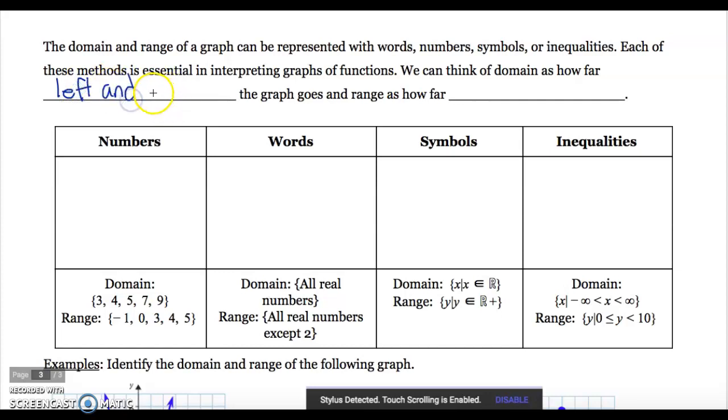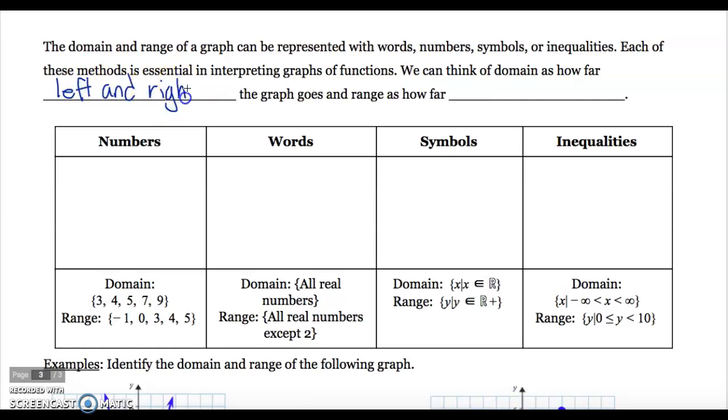That's because your domain, remember, is the set of x values that your graph covers, and x values occur on the horizontal axis. And then your range is how far up and down your graph goes, for the same reason that x values are horizontal: your y values, which make up your range, are vertical.